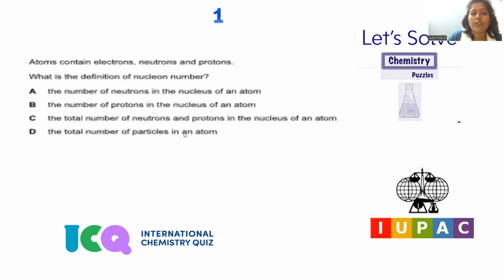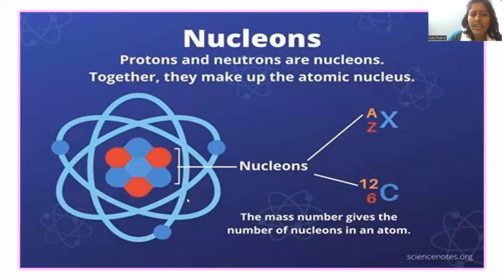To explain this, here is the diagram pertaining to the atomic structure, where at the central nucleus you can find the protons and the neutrons, and the number of protons is said to be its atomic number. The sum of protons plus neutrons together is called the mass number.